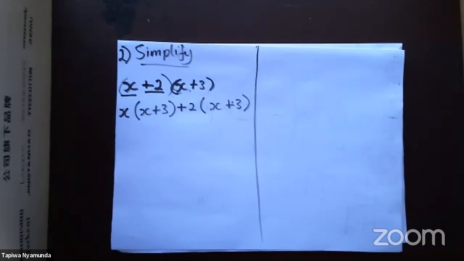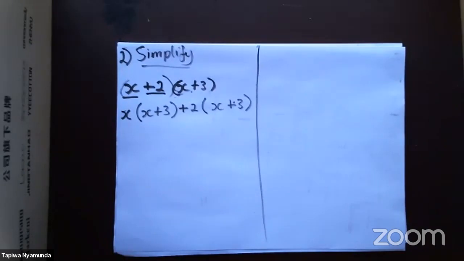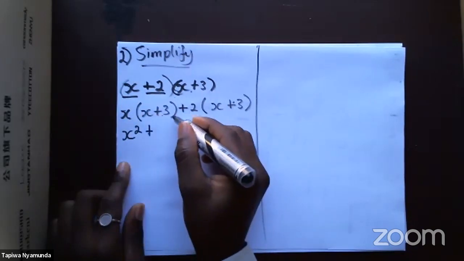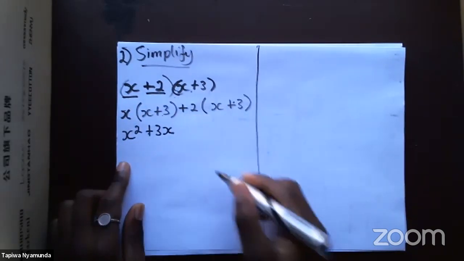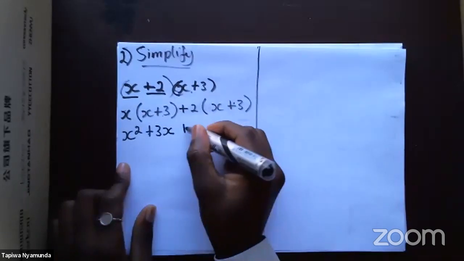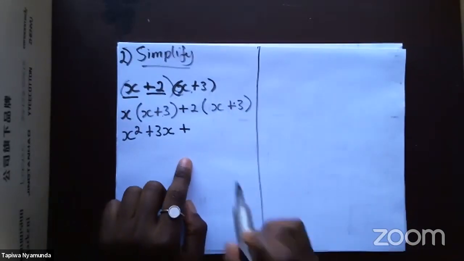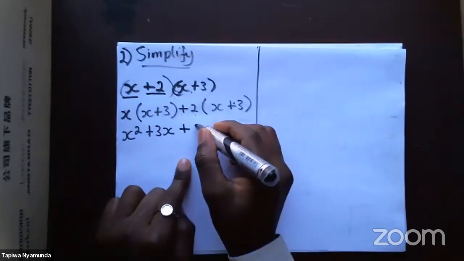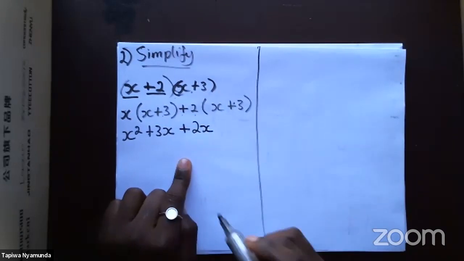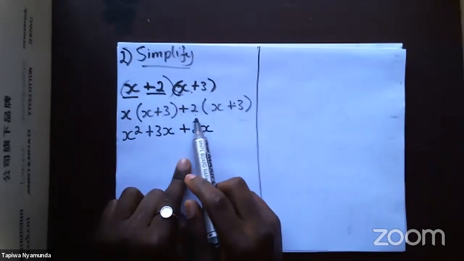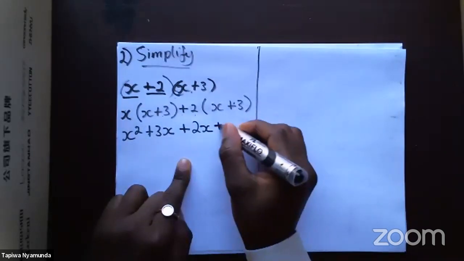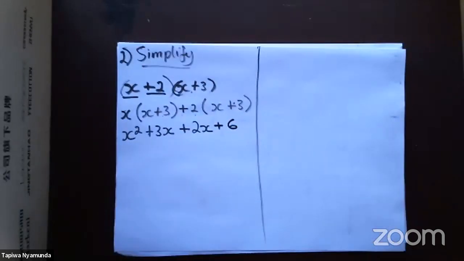Okay. I'm going to have x multiplying x plus 3. Here I'm going to have x squared plus x multiplying 3. I'm going to have 3x. Then I'll say plus 2 multiplying x. I'm going to have plus 2x. Then I'll say plus 2 multiplying plus 3. I'm going to have what? Plus 6, like that.